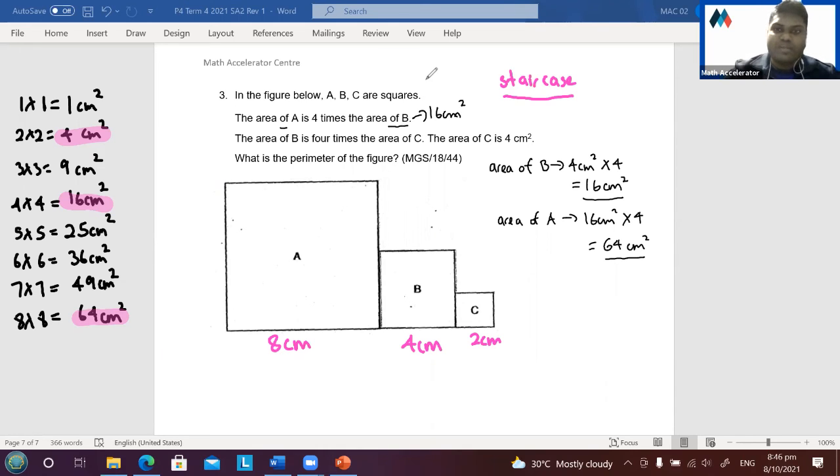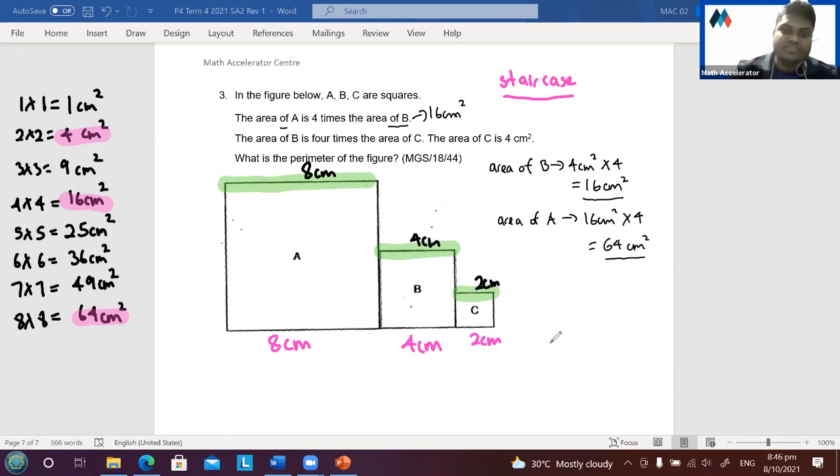Now, I'm going to highlight this length here and this length here and this length here. So this length here is 8 cm. This length here is 4 cm, and this length here is 2 cm.